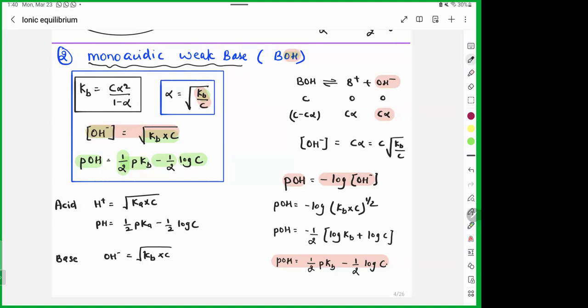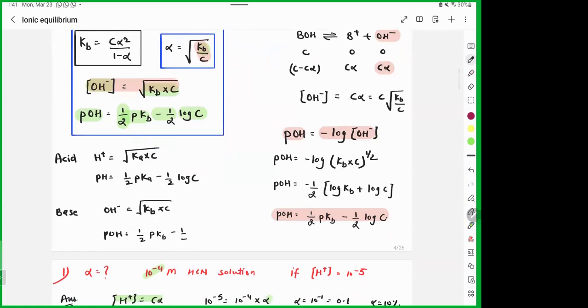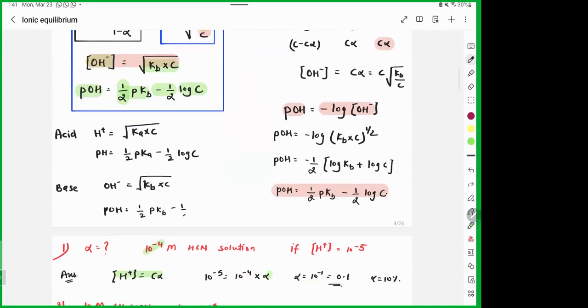Instead of Ka, you are having Kb, and POH is same, half pKb minus half log C. Any doubt? Good. Just revision.